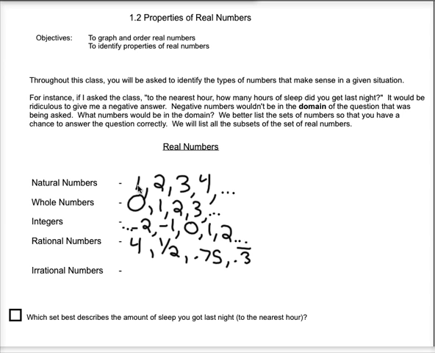And then finally, irrational numbers. Anything that is not rational by definition is irrational. So we get a lot of zany numbers here. This is where we talk about numbers like pi and things like the square root of 2.